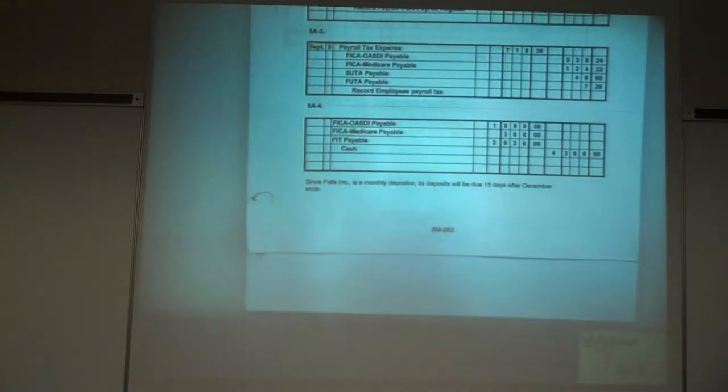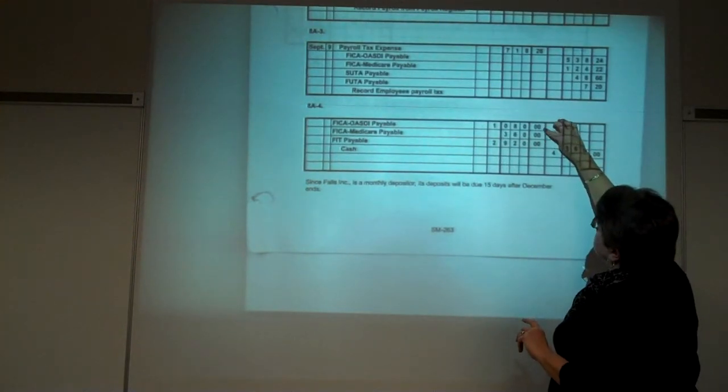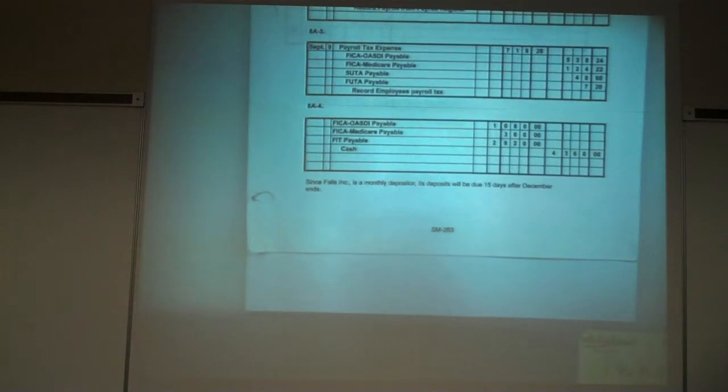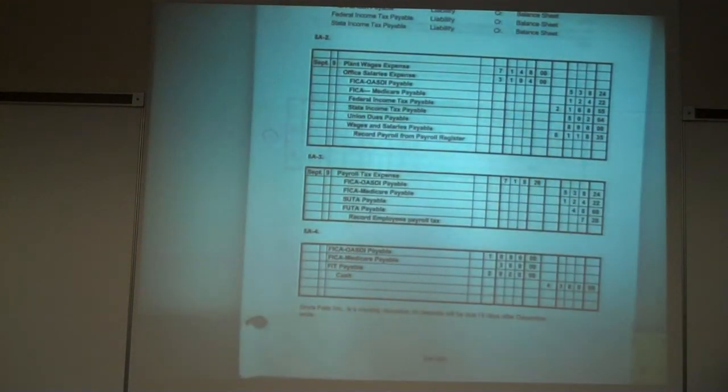Here's the last transaction, and this is the check that we can write to the federal government, or it's probably an electronic funds transfer. It's not actually a check. These two amounts, they're double what we withheld from the payroll register.